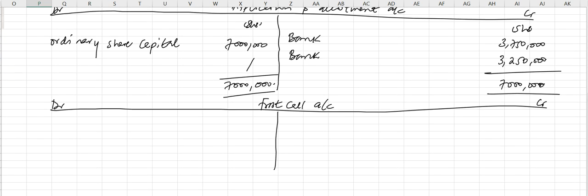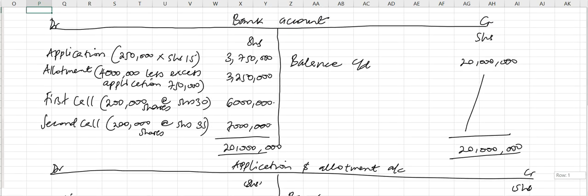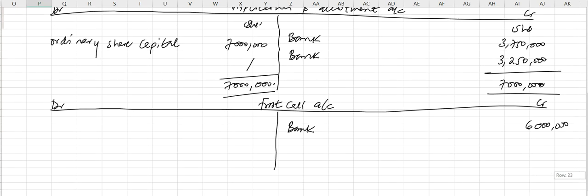So we come and credit the first call account with the money received. So bank, first call, that is 6 million. Now this money is going to be transferred to the ordinary share capital. That is still 6 million.